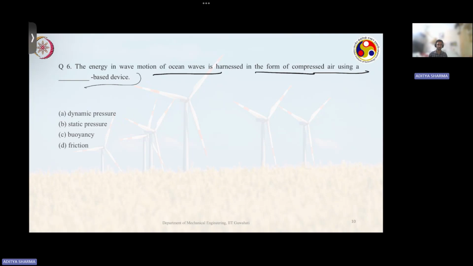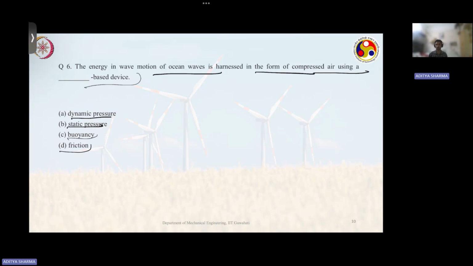Four options have been given: whether this is dynamic pressure based, static pressure based, buoyancy based, or friction based.